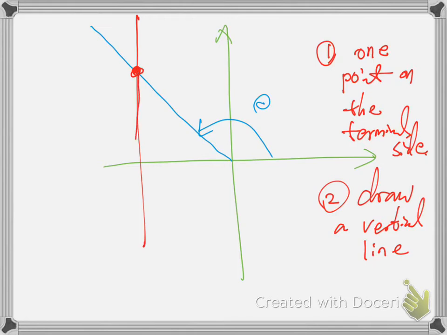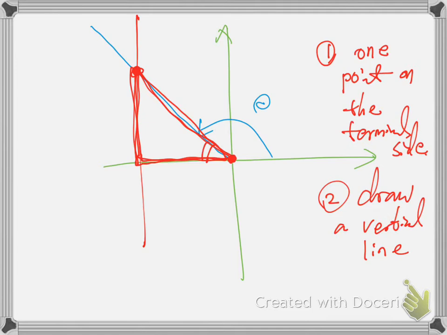So where is my right triangle? I use the terminal side and my vertical line to make the right triangle. So now the acute angle with the orange as the vertex is the reference angle.